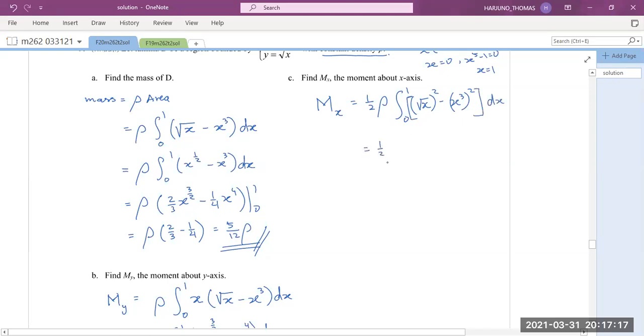That's 1/2 rho integral 0 to 1 of x minus x to the 6 dx. That's 1/2 rho times 1/2 minus 1/7. That's 5/28 rho.